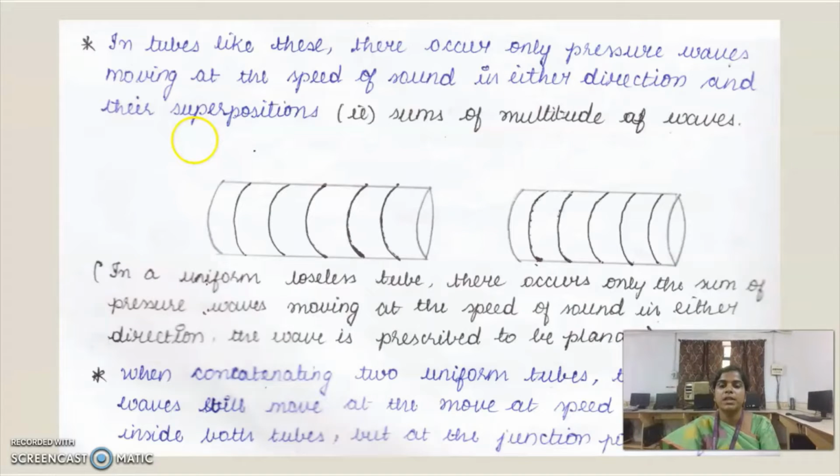So what happens in a uniform lossless tube? There occurs a sum of pressure waves moving at the speed of sound in the same direction, and the wave is prescribed to be planar. To bring out the entire structure of the vocal tract, we concatenate different uniform tubes, giving a concatenated uniform tube model.